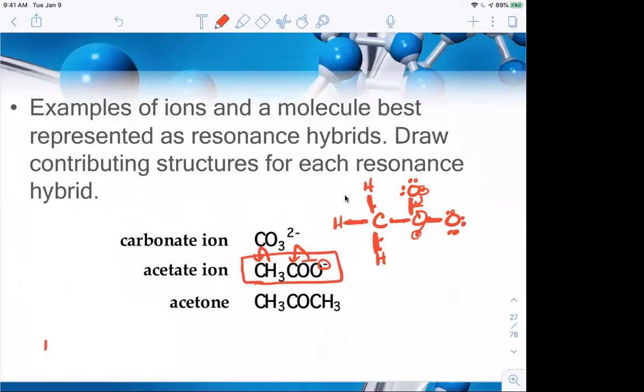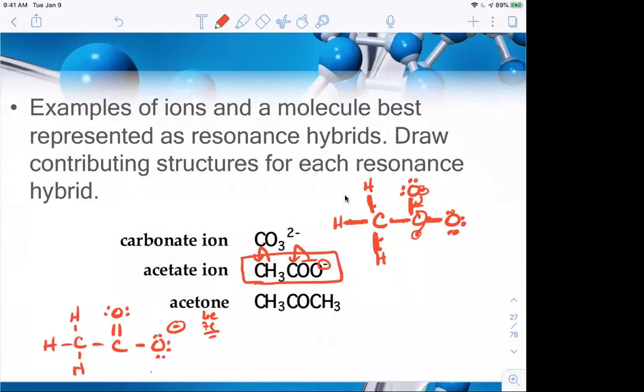I have H, C, H, H, C, double bond O with 2, and then I have this. My negative charge is on this oxygen because I have 6 electrons. I have 1, 2, 3, 4, 5, 6. Half the bonding is 7. That gives me the negative.